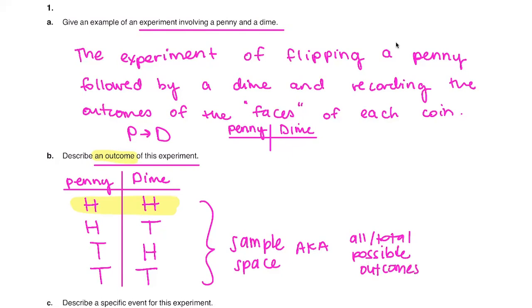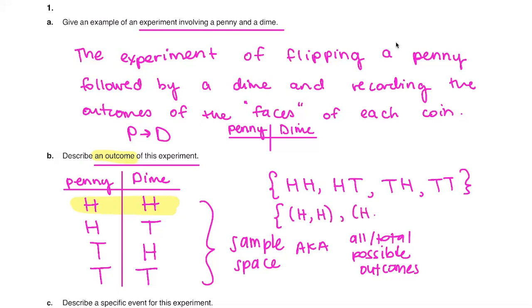Using precise notation, you would draw a swirly brace, and with or without parentheses, you could write HH for heads followed by heads, HT for heads for the penny followed by tails for the dime, TH for the penny being tail and the dime being head, or TT when they're both tails. Another way, if you wanted to write the sample space, you could have written H, comma, H with parentheses around it.